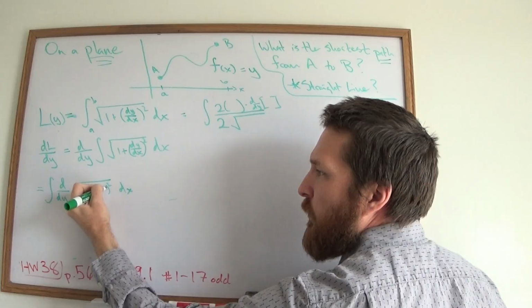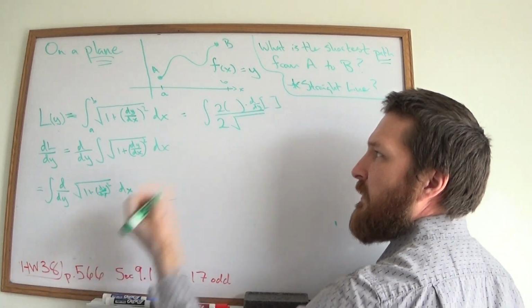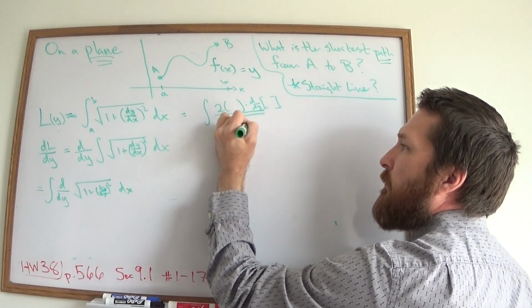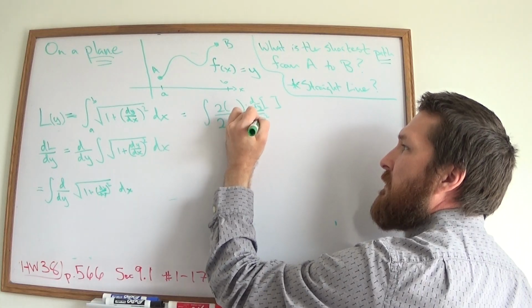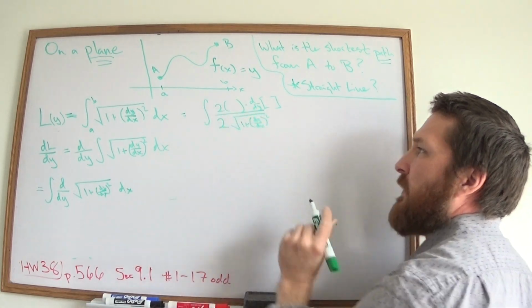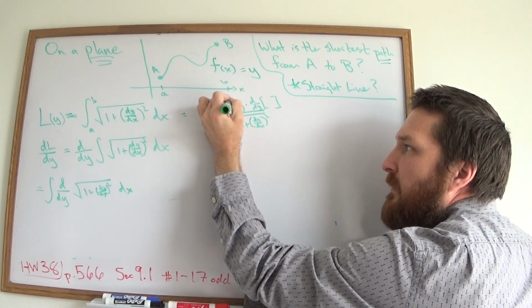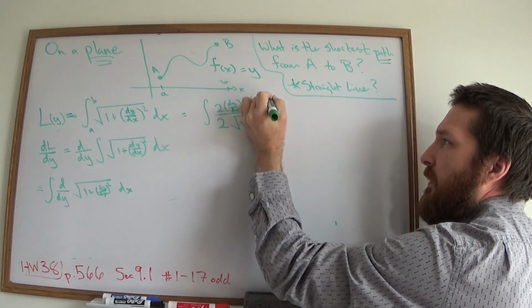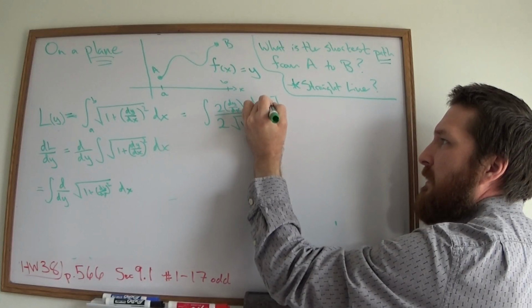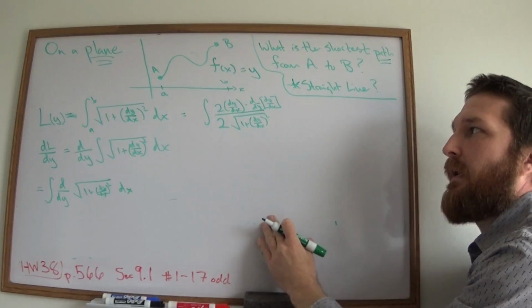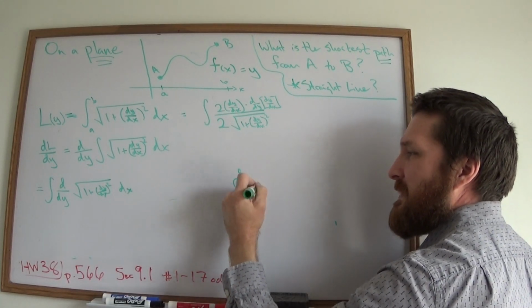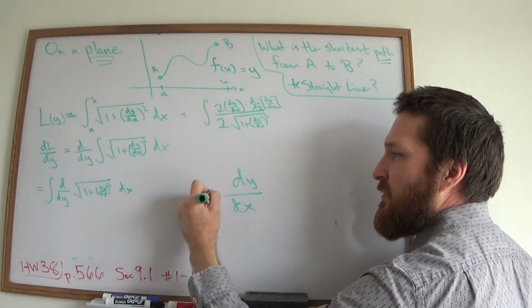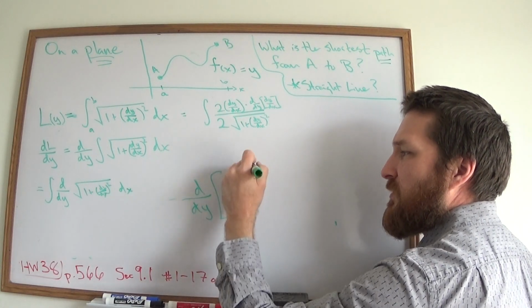Okay, so we had dy/dx. So in here you have 1 plus (dy/dx) squared. Same thing in here, dy/dx. Here's the hard part. And like I said at the beginning, you have dy/dx. You take the derivative with respect to y. We've got to use a chain rule.